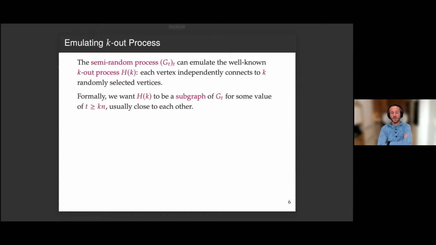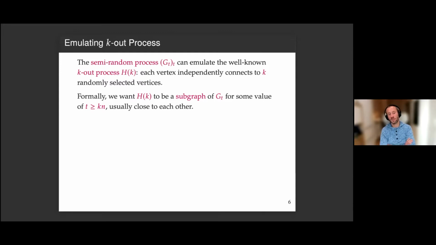So the idea here is that this is a nice semi-random process. This is the Kout process, which is a different one, but we can mimic this process quite easily.